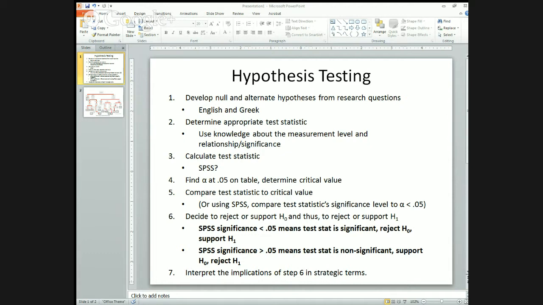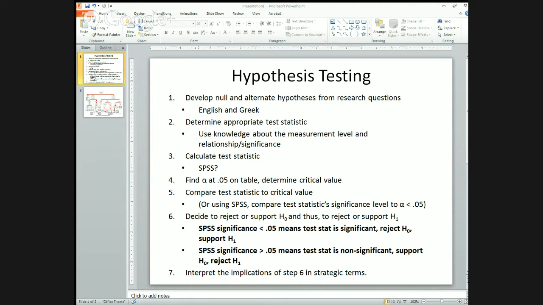Or we have alternative hypotheses, which are much more interesting, that say that there is a relationship between variables, or there is a difference between variables, between groups, between means, and so forth. Having a research question that is specific and appropriate is important, because that allows us to then create our null and alternative hypotheses. And when we create them, we need to be very specific.